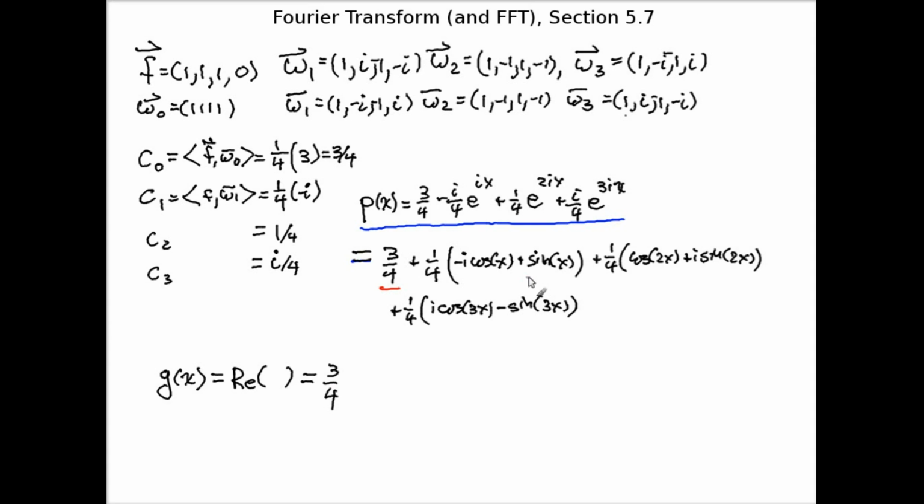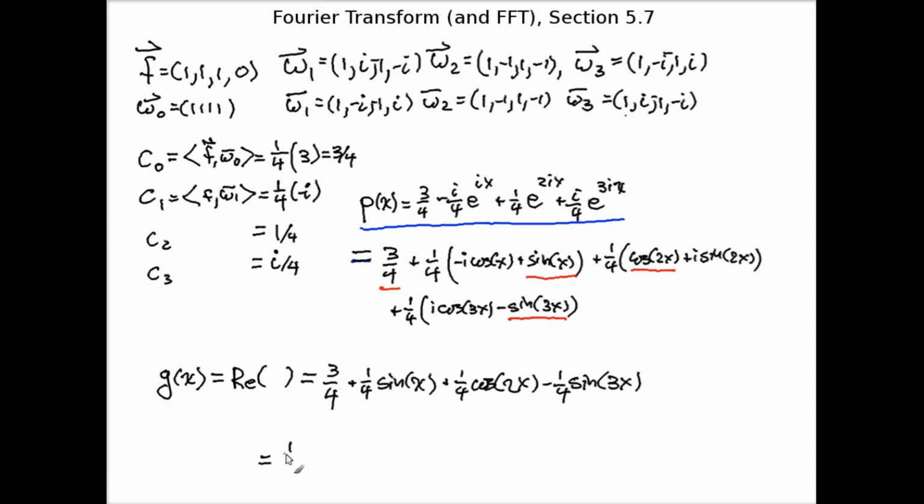And what's that? That's 3/4. What's the real part over here? 1/4 sine of x. And 1/4 cosine of 2x. And then finally minus 1/4 sine of 3x.